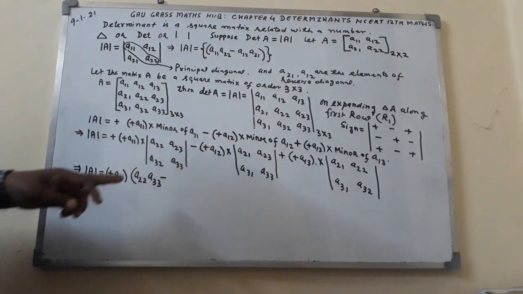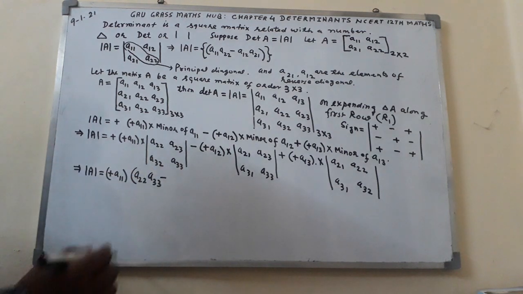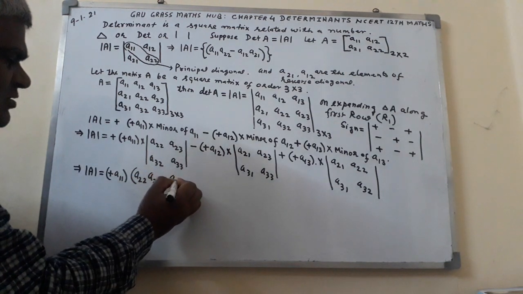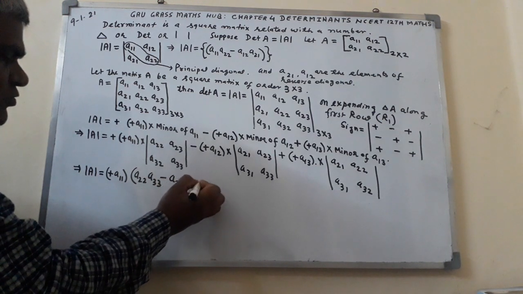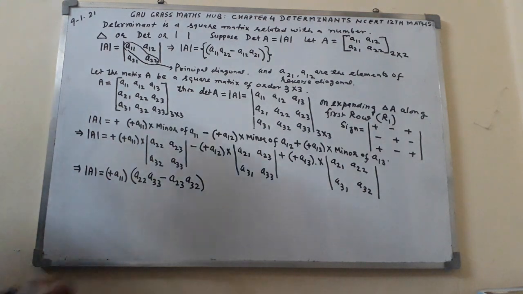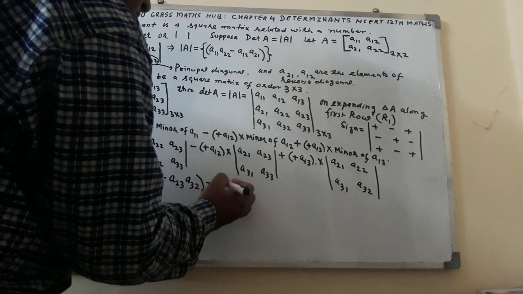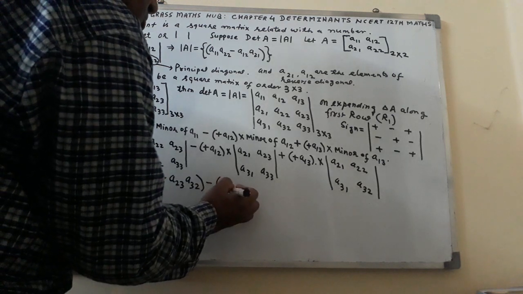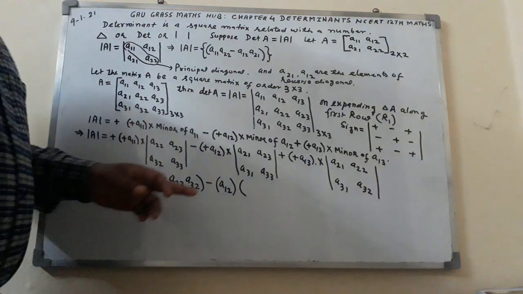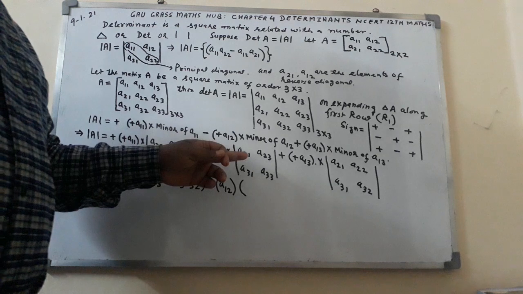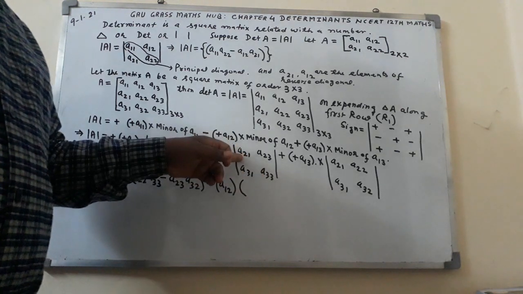minus elements of reverse diagonal will get multiplied. We will get here A23, A32, minus A12, again elements of principal diagonal are A21, A33 will get multiplied together.